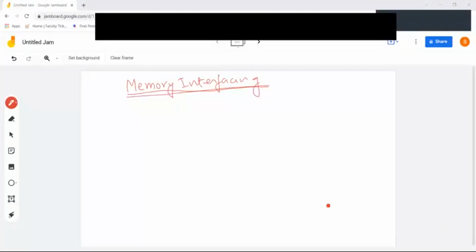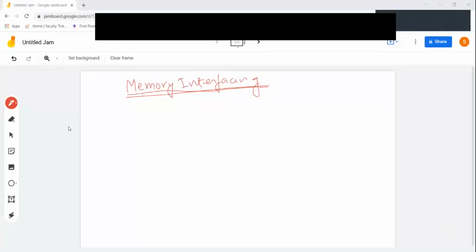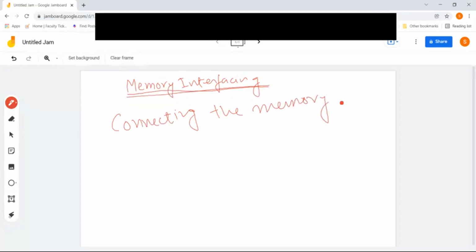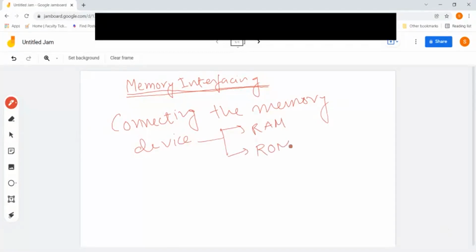So memory interfacing, what is that? It is nothing but connecting the memory device, that is either RAM or ROM or both, only primary memory, not secondary memory.